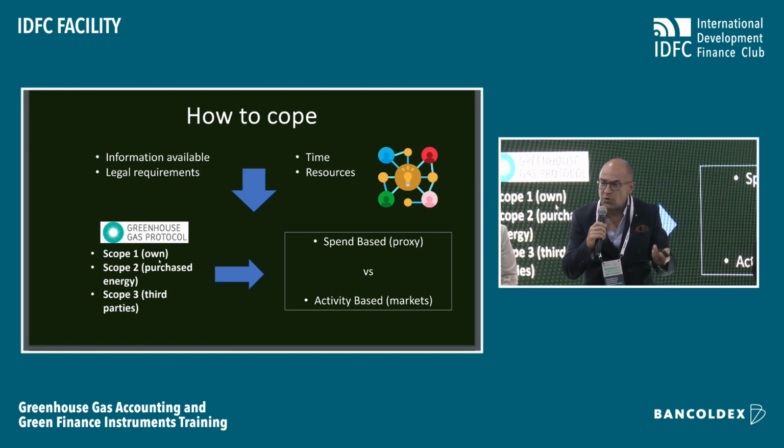So what are your own emissions? The energy you consume in the facilities, the emissions associated with the processes, and your purchased energy. If you acquire electricity from the grid, that energy is related to your processes.